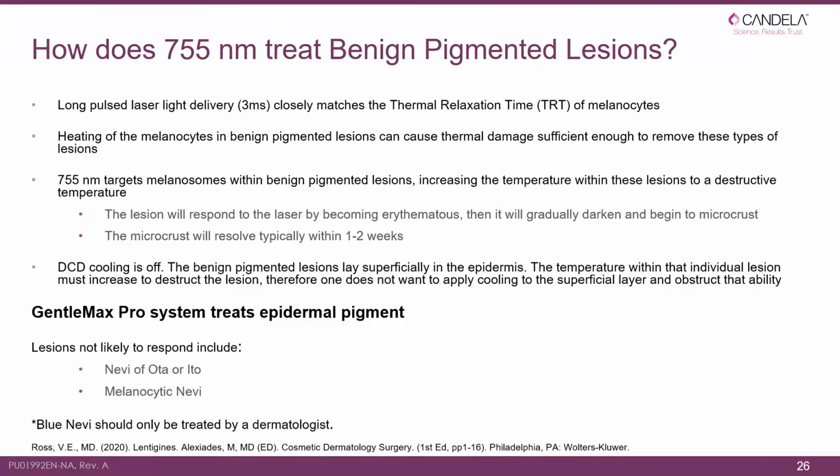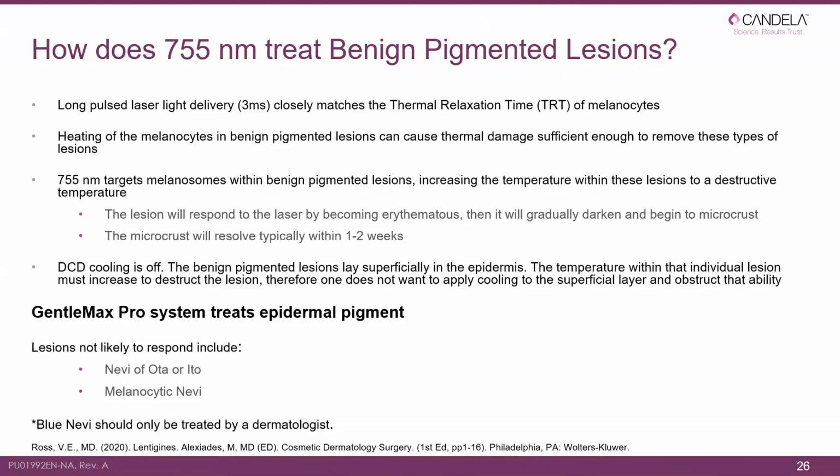So we're destroying the melanocyte and the melanin it's producing. And it does this by targeting those melanosomes that sit within the melanocytes. If you remember, I was saying earlier that the melanosome is the structure that actually produces the melanin within the melanocyte, within that cell.